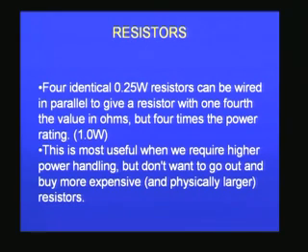So in principle I will just give one or two simple ideas. 4 identical quarter watt resistors, 0.25 watt resistors, can be wired in parallel to give a resistor of 1/4 the value in ohms, but 4 times the power rating, because the current will be 4 times, whereas the resistance value will be 1/4 because you have connected them in parallel.